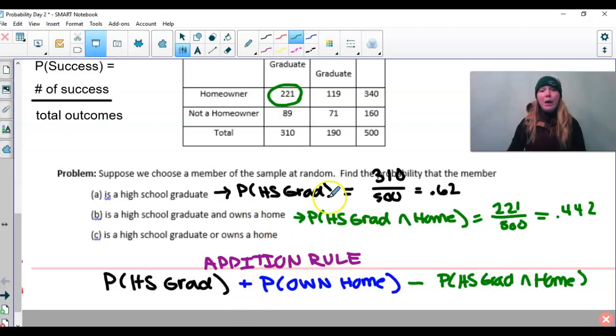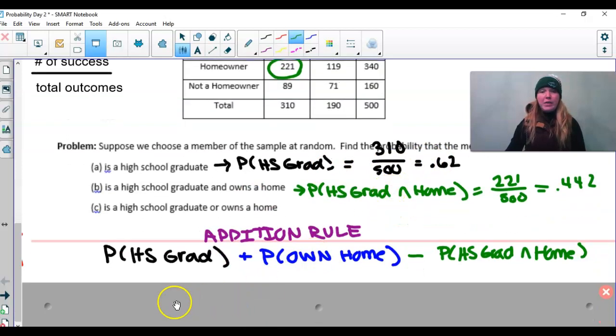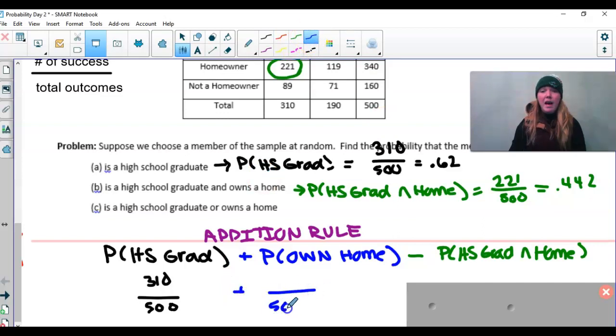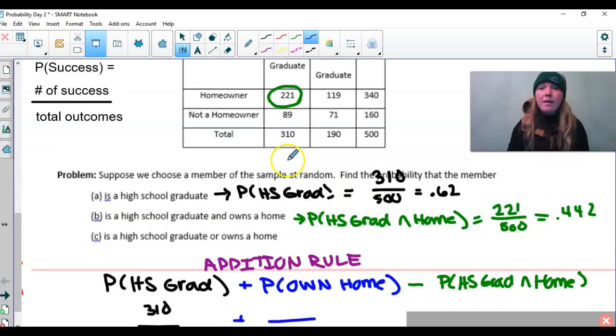Okay, so we already know the probability that they're a high school graduate. That is 310 out of 500. What about the probability that they own their own home? So out of 500, how many own their own home? Out of all the people that own their own home, there's 340.